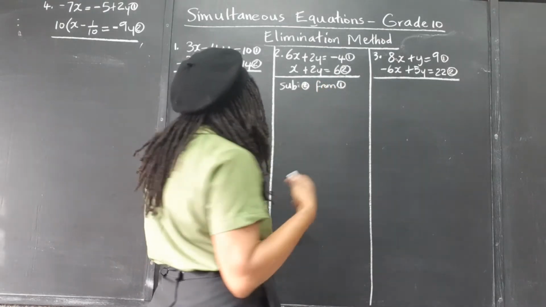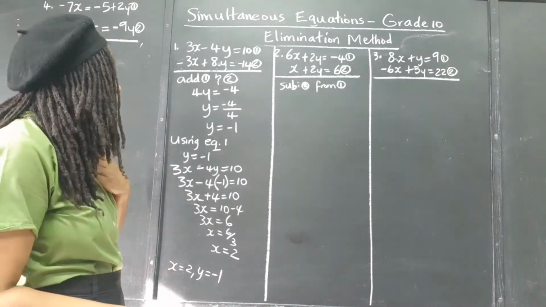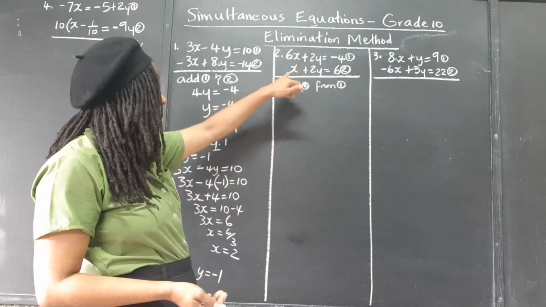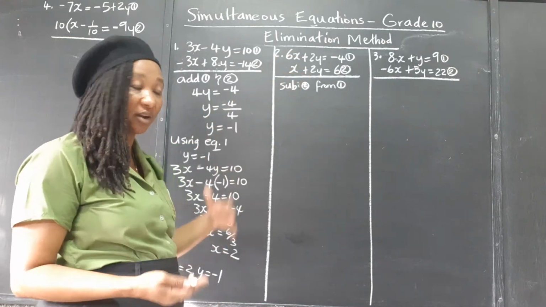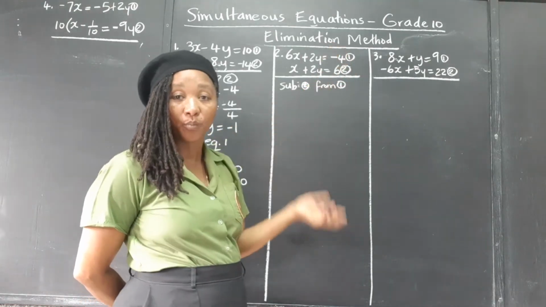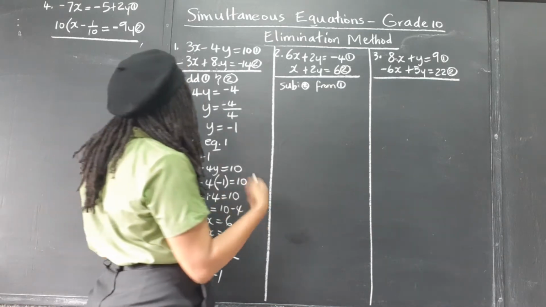You could do either way, either take 1 from 2 or 2 from 1. It all depends on you. I prefer to take 2 from 1 because I have a smaller number here, so I'm subtracting the smaller from the bigger. But here we have a larger at the bottom anyway, so it really doesn't matter. You could take 1 from 2 as well.